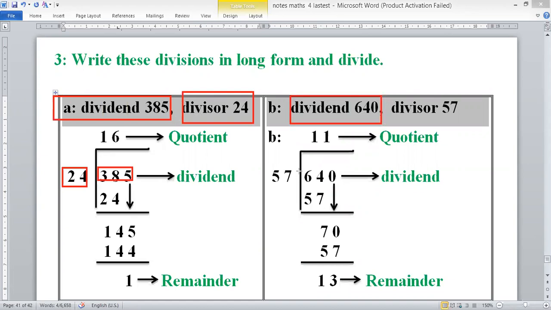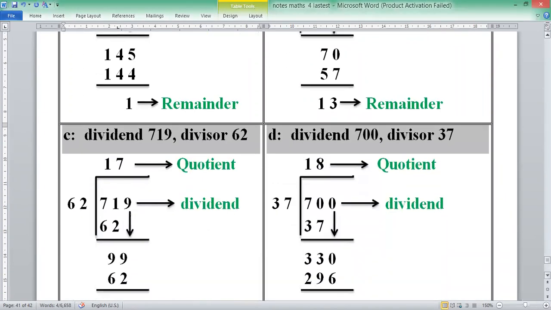And dividend 64 write inside and 57 outside. So maybe in some question the divisor may come first and the dividend later. It's no problem, but you must write the dividend inside and divisor outside. In this way you can solve question 3 of page 24, here part C and D.